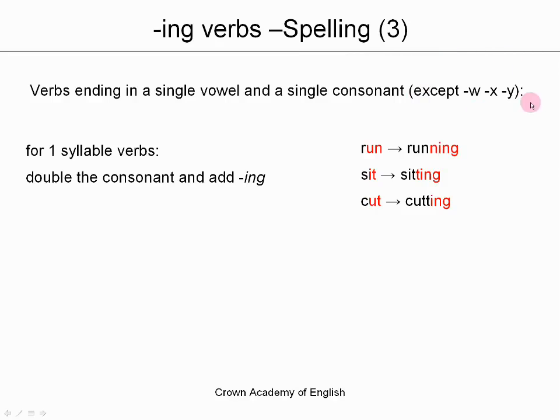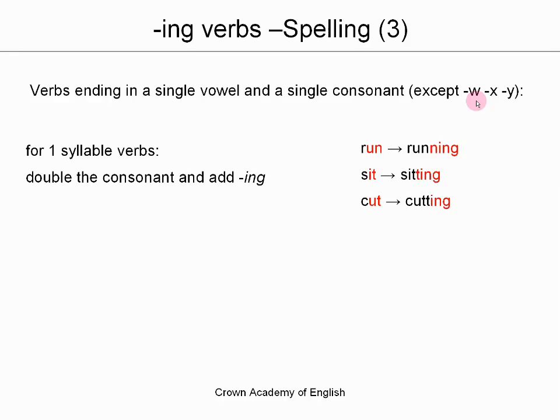Here we say except W, X or Y. So if it was a verb ending in a single vowel and a single letter W, for example, then we just add ing.